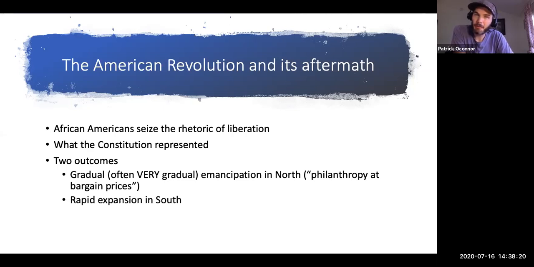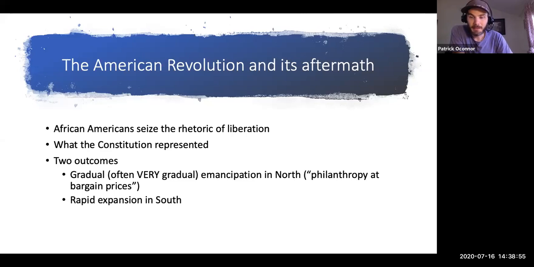Other parts of the 13 colonies were not nearly as generous. And that's obviously those places that we could class as slave societies, right? South Carolina, Georgia, Virginia, etc. They're much less eager to arm enslaved people, particularly because enslaved people make up, in many cases, more than 50% of the population, and would very likely turn those arms not against the British, but against their own masters.